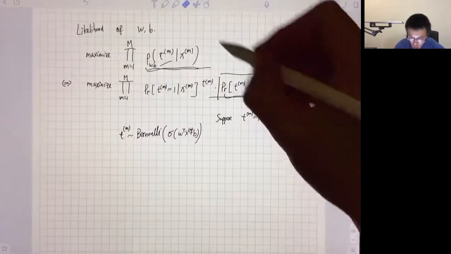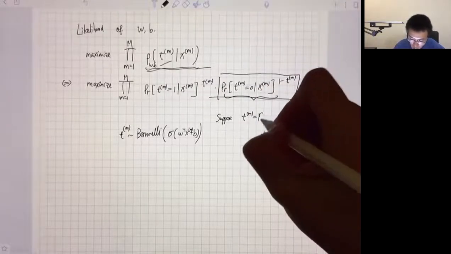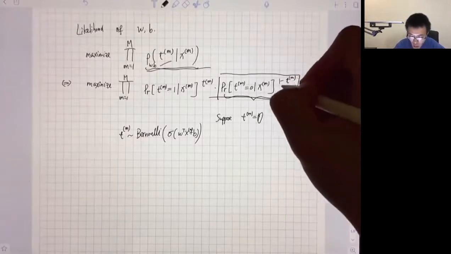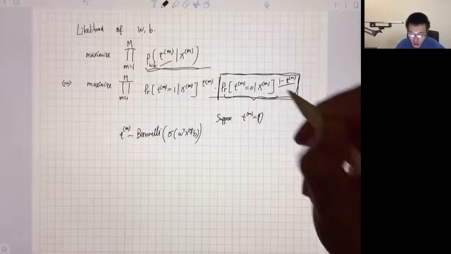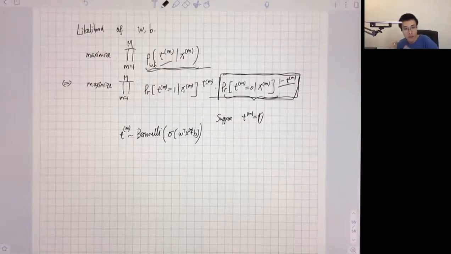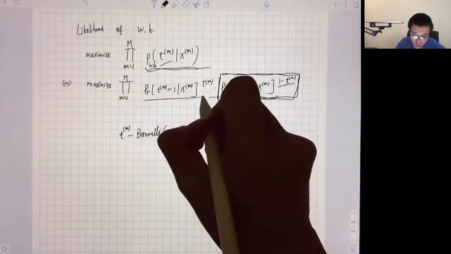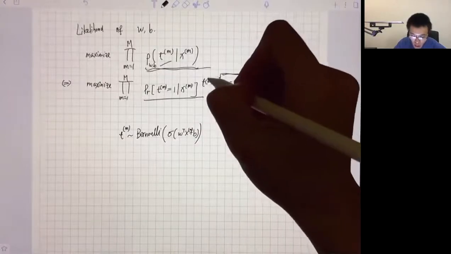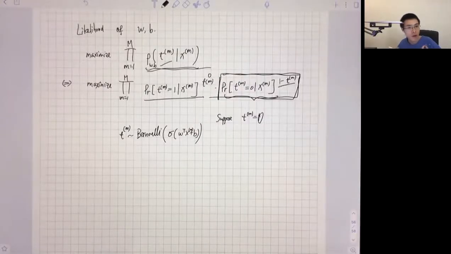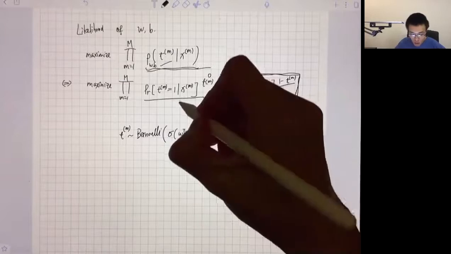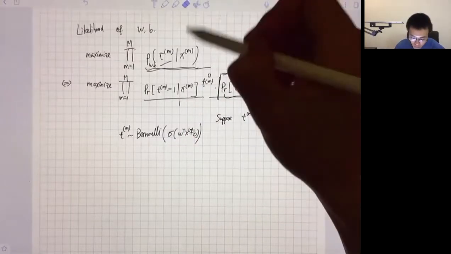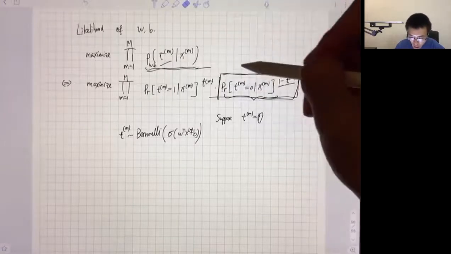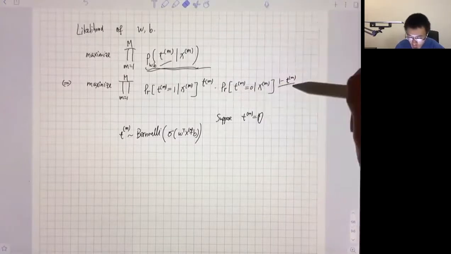So suppose your t this time is 0, then the power is 1. This term just becomes how you predicted 0, which is indeed 0. Then the other term, since tm is 0, the entire term becomes 1 and it vanishes because it's multiplicative. So this is my likelihood of a Bernoulli distribution.